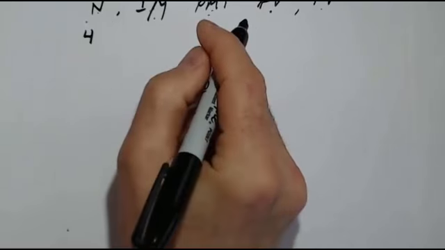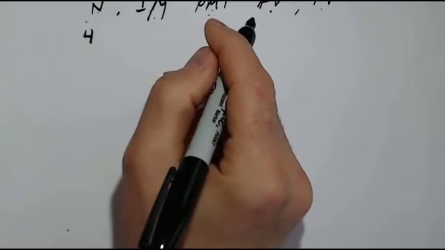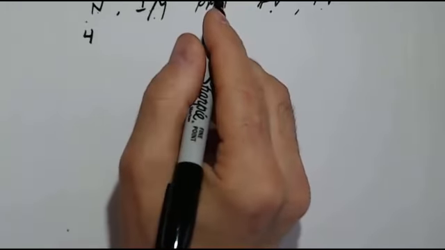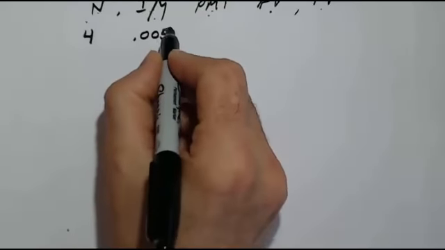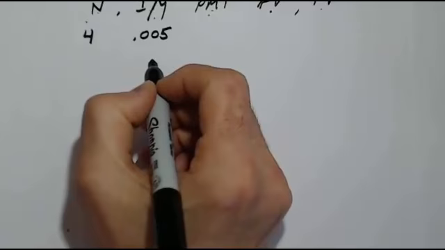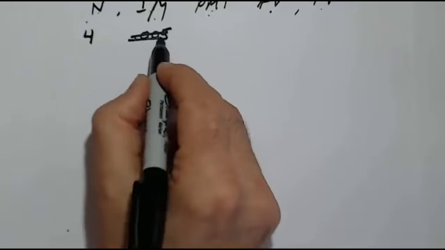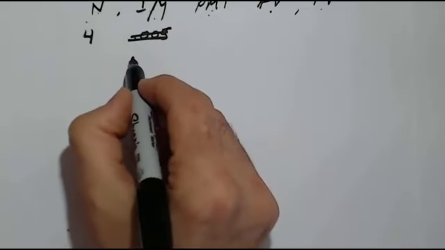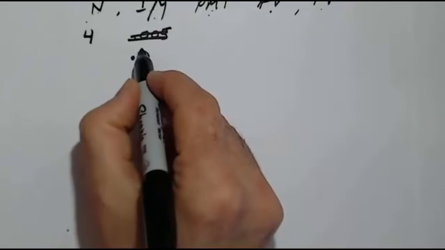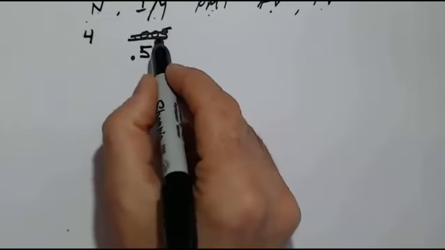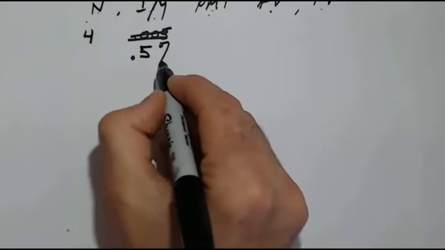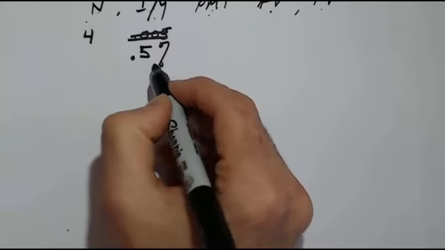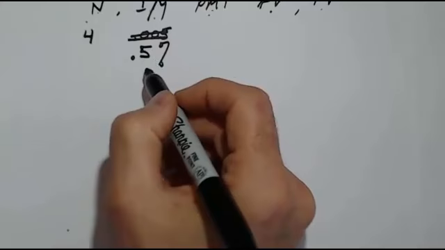So N is 4 for this problem because it's 4 semi-annual periods, and each semi-annual period gives you 0.5%. Oops. This is going to be in percent, so this is where one of the tricks comes in. Your calculator is going to ask you in terms of percent, so you're just going to put a 0.5 in, and that is 0.5% for a semi-annual period.